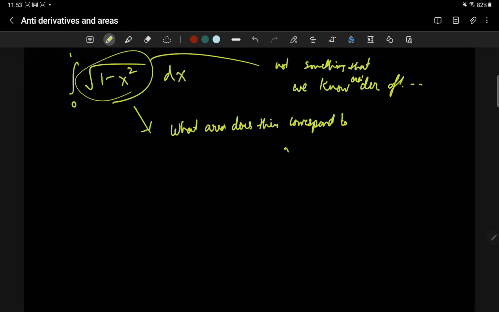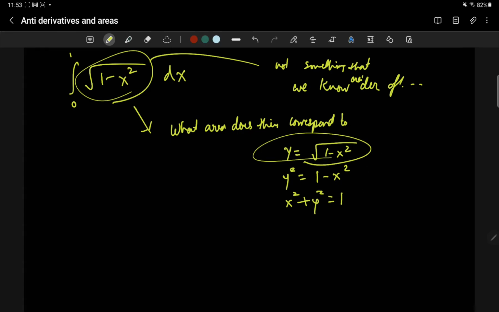So basically we are looking at this function y equals square root of 1 minus x squared, and if you play around with this function a little bit, this is basically x squared plus y squared equals 1, but just the positive half. So it's the part of the circle in quadrant 1.